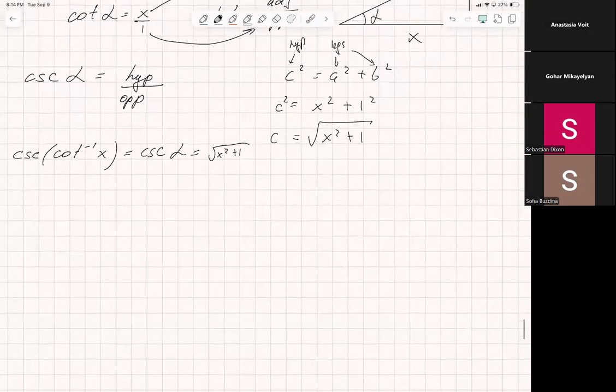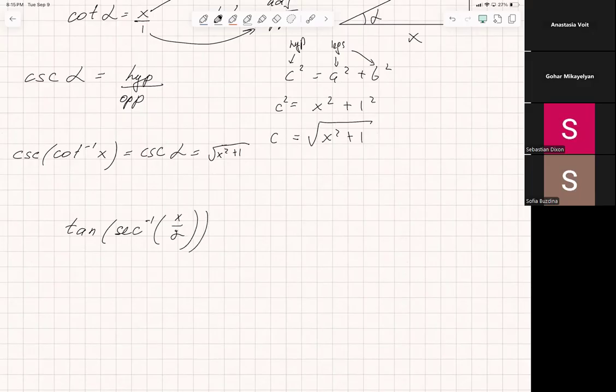All right, so let me go over another example. Let's say we have tangent, well, this is very similar to that. Tangent of secant inverse of x over 2.